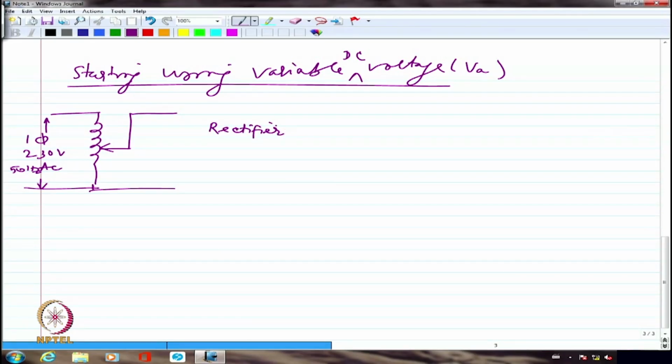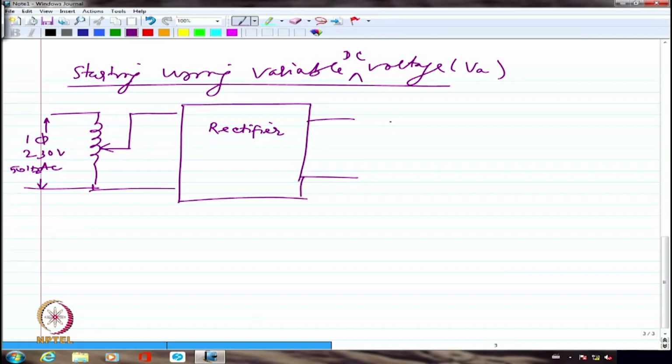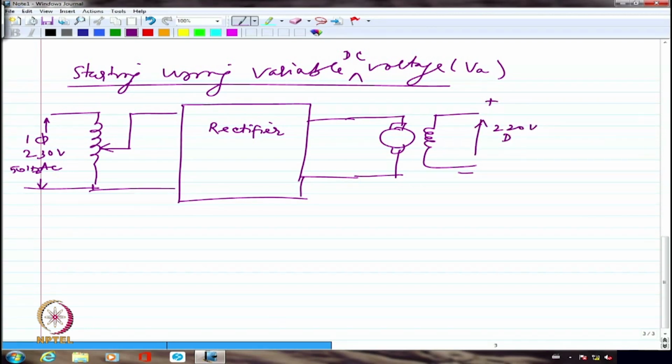It can be a simple diode bridge rectifier. The rectifier output goes to the DC motor drive, and of course field is separately given a DC supply. So here I may apply 220 volts DC directly, right?